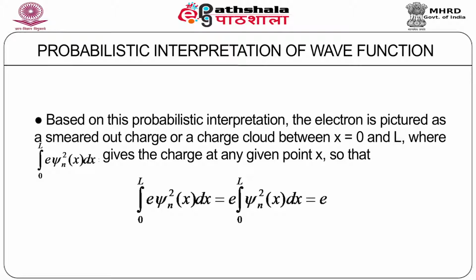Since the wave function psi is normalized to unity, the value of this integral becomes equal to e, which is the total charge of the electron. So in quantum mechanics, you do not view the electron as a point object. It is viewed as a smeared out charge or a charge cloud between the points x equal to 0 and x equal to L, that is the region where the electron is confined.